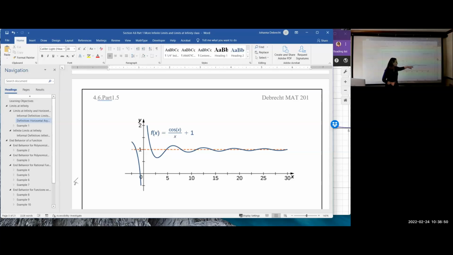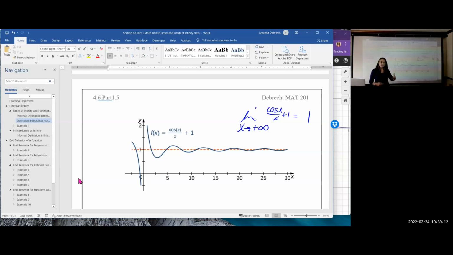And this is the end behavior to the right. So we would say that the limit as x goes to positive infinity of cosine of x over x plus 1 is equal to 1, because it approaches the y value of 1 as it goes to the right.